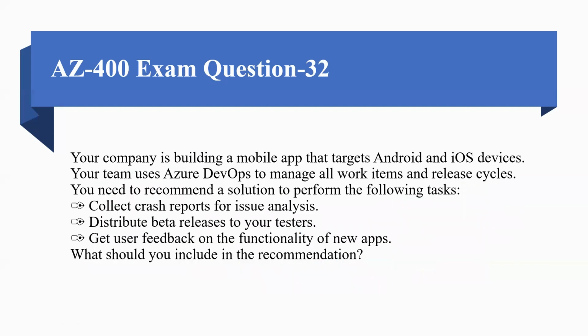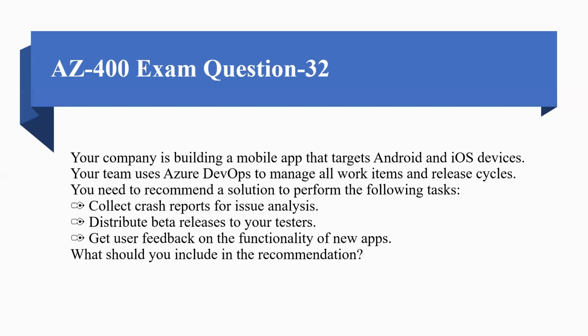Moving towards next question. Your company is building a mobile app that targets Android and iOS devices. Your team uses Azure DevOps to manage all the work items and release cycles. You need to recommend a solution to perform the following tasks: collect crash reports for issue analytics, distribute beta releases to your testers, and get user feedback on the functionality of new apps.